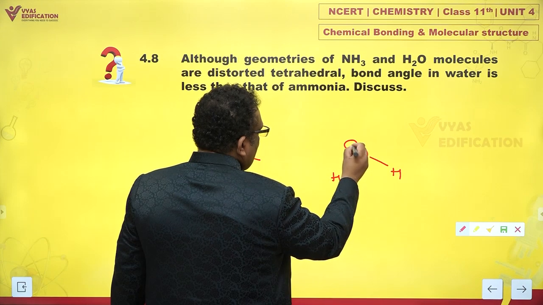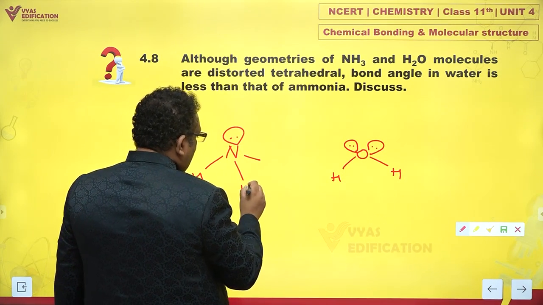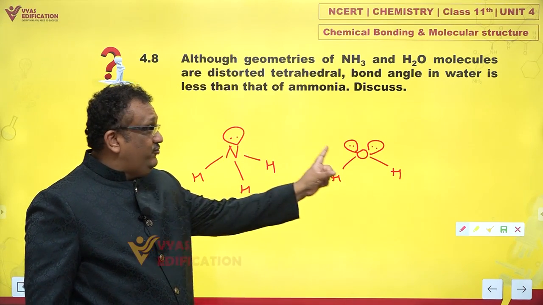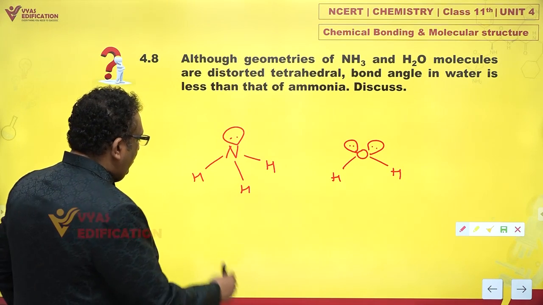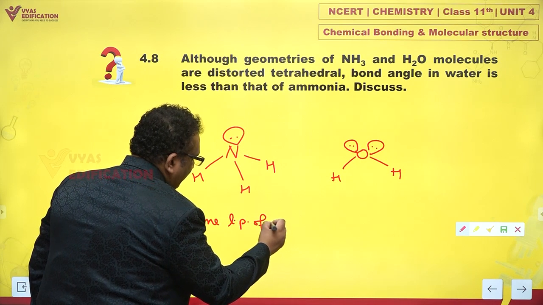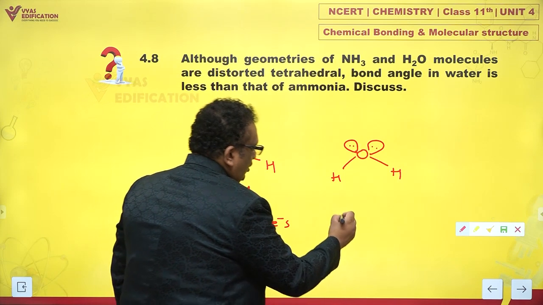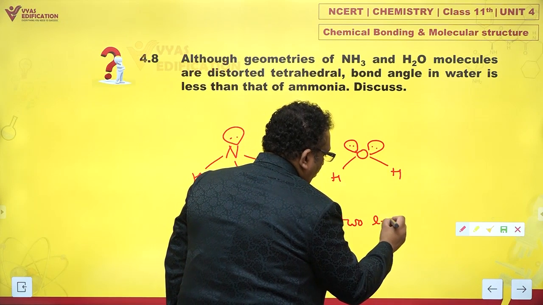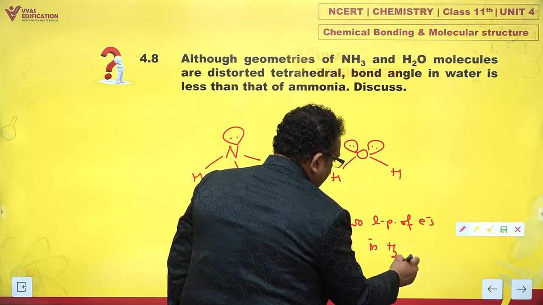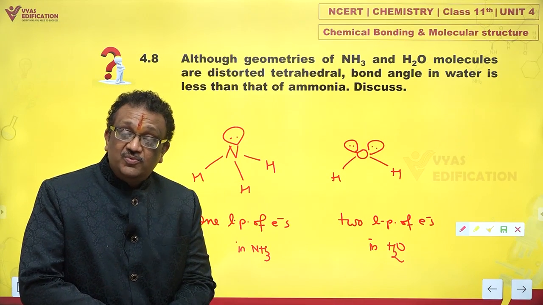If you draw the Lewis dot structures, you will notice that ammonia has one lone pair of electrons while water has two lone pairs. So one lone pair of electrons in ammonia, two lone pairs of electrons in H2O. First of all, we should write down the structure and make this observation.